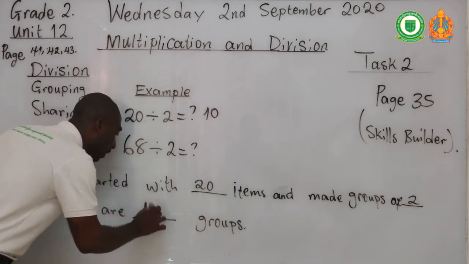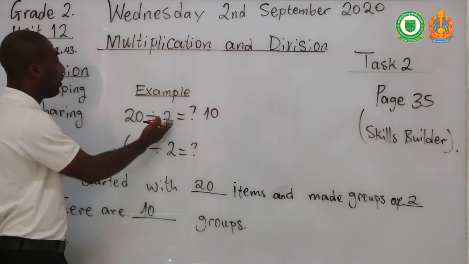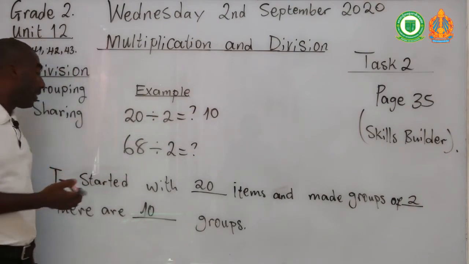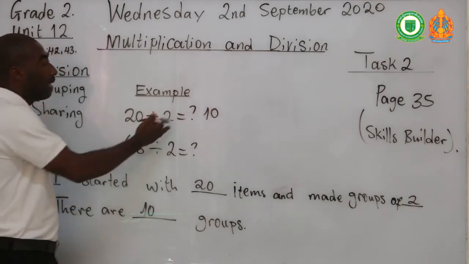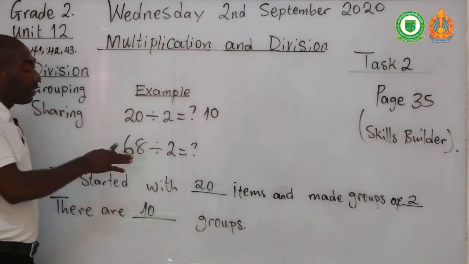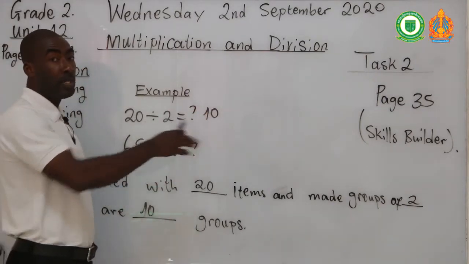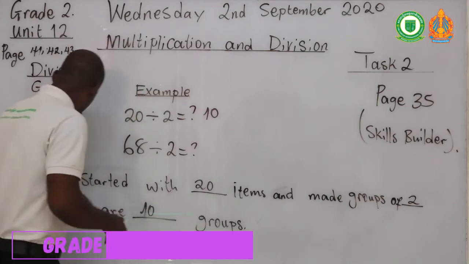We say 10 groups, because when 2 divides your 20, you're going to have an answer of 10. So it's going to be 10 groups when you group it into that particular equation.